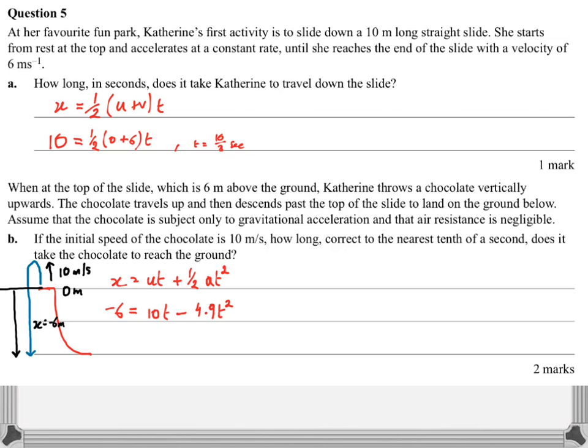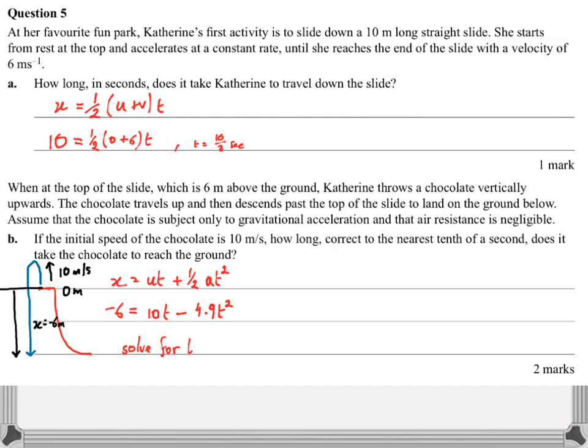Okay, so we set up with this rule. Now x is negative 6. u is your initial velocity of positive 10 meters per second. And a is acceleration due to gravity. That is going down, and down is negative. So we're going to have a negative half of 9.8, which is your negative 4.9. Alright, so we've set that up carefully.